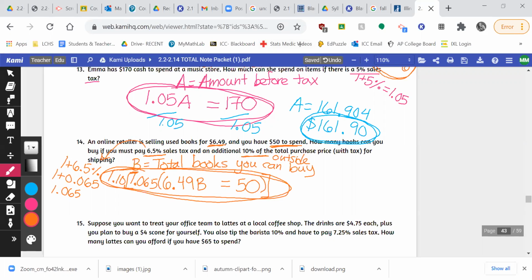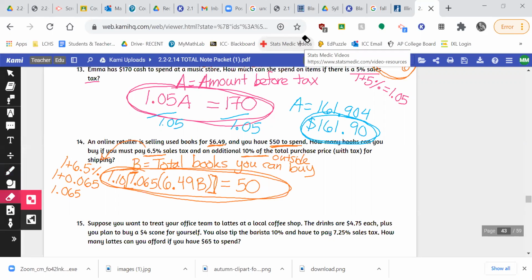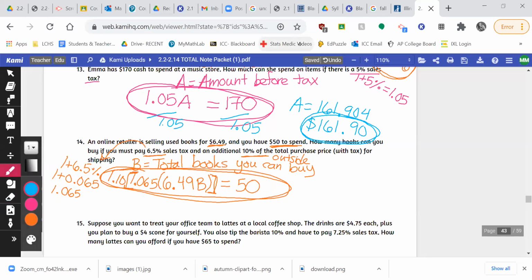Oh, I closed them on the wrong side. Sorry about that. You'll have them closed on the left with your variable. Next thing you're going to do is divide by 1.10. And you get 45.45.